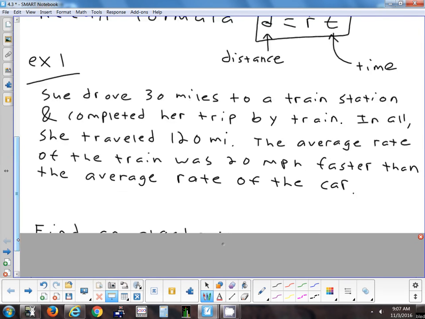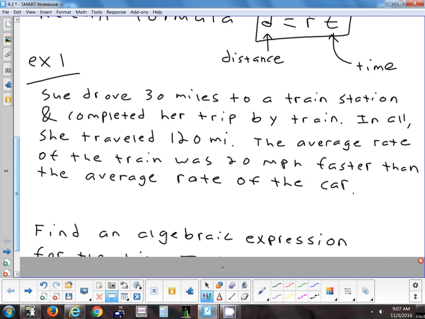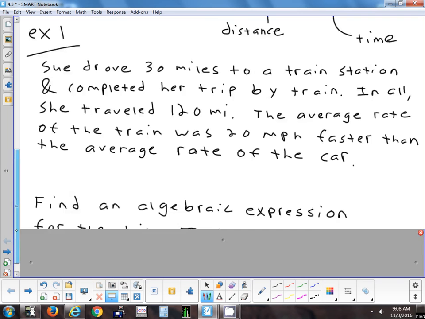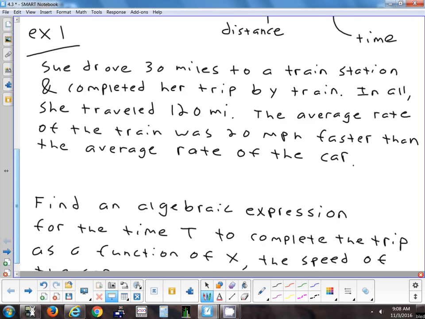So what we're going to do is find an expression that will tell us the time it takes for her to complete the trip based on how fast she drives in the car. So we're going to find an algebraic expression. We'll call it t, because it'll represent the time. And our variable we're going to let be x. And x is going to represent the speed of the car.